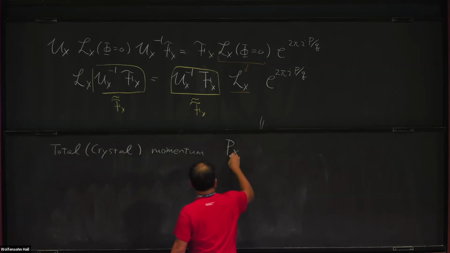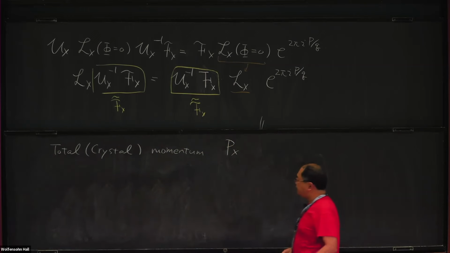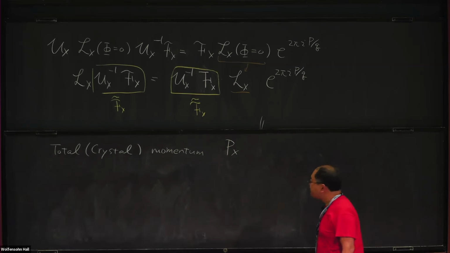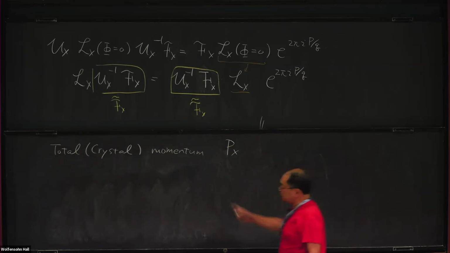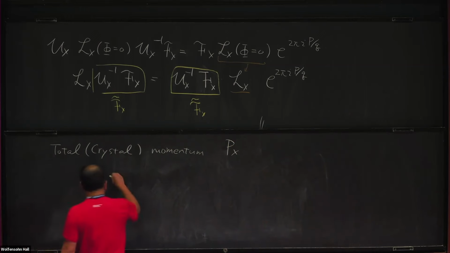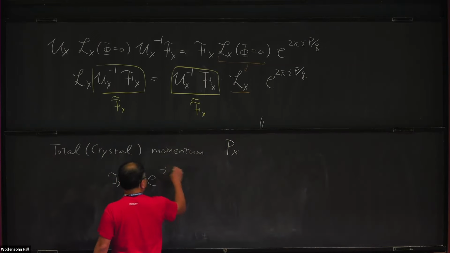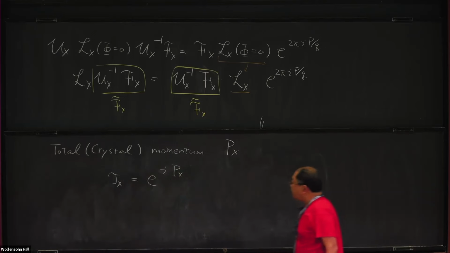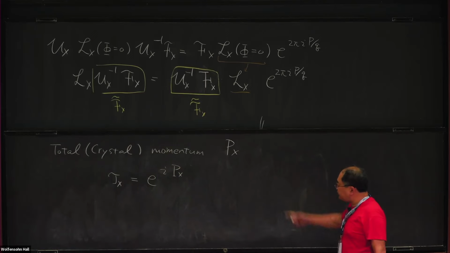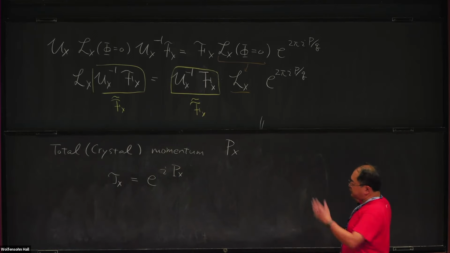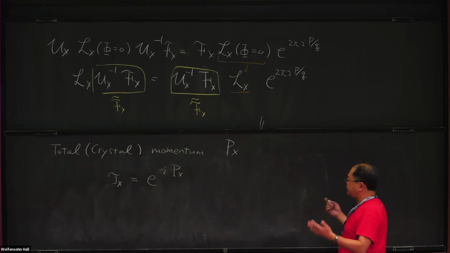So, for example, the x component of total crystal momentum is related to this translation operator as e to the i Px. So you can regard this as a definition of total momentum, or so-called total crystal momentum.